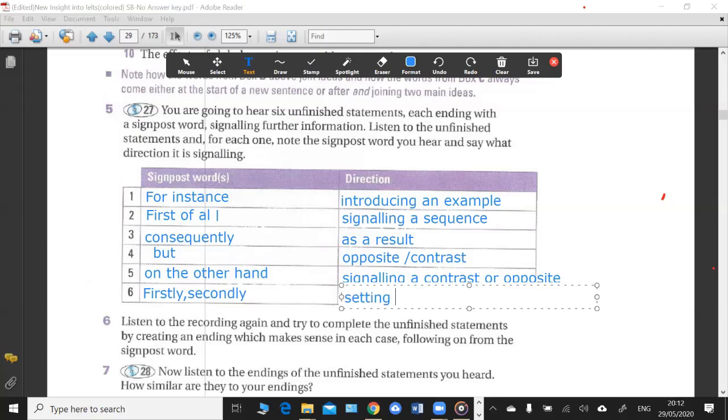Same thing. Number 2 and number 6 are the same answers. Is it clear?